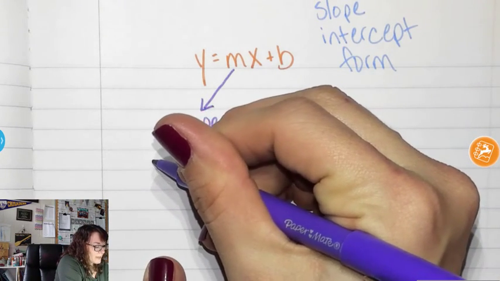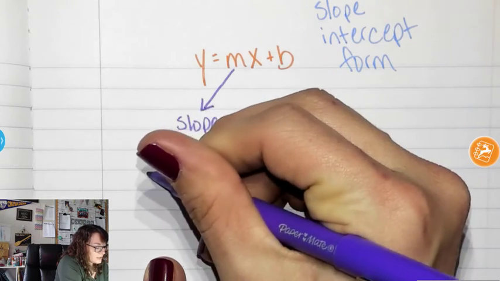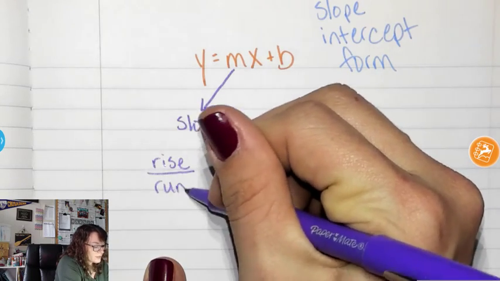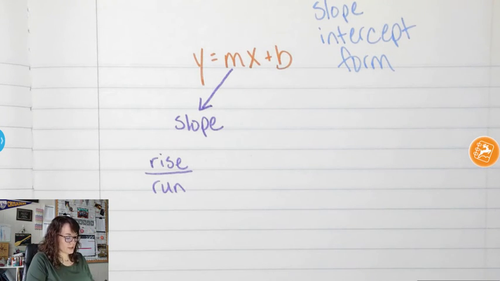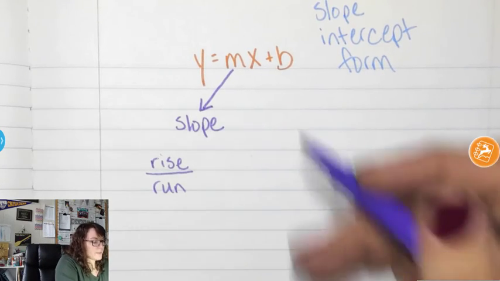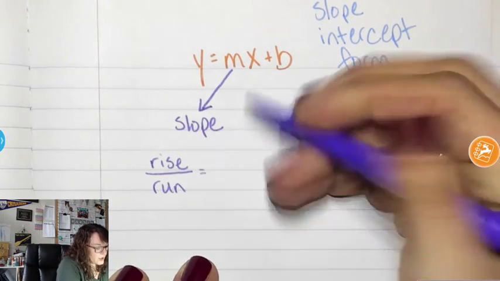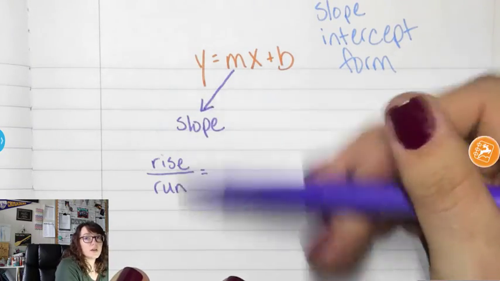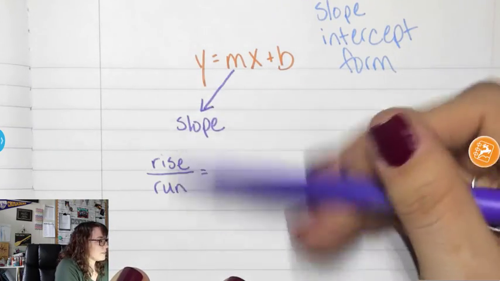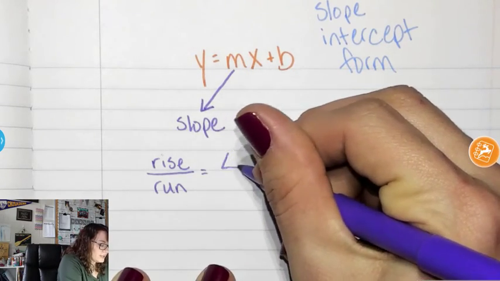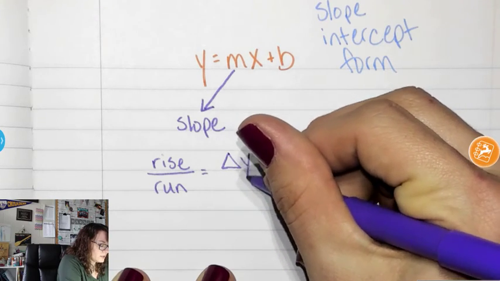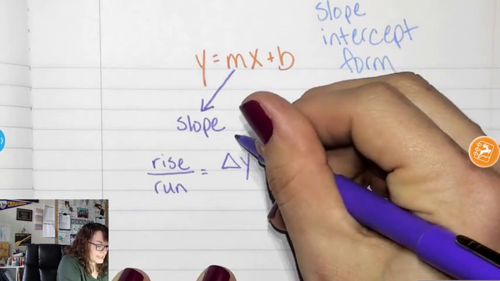We find slope by measuring the rise of the line over the run. This is the most popular way. Rise over run. When I was in 7th grade, this is how we learned slope. Now, the mathematical, the rise is your up and down. What axis is up and down? X or Y? Y. So I am going to measure the change in Y. This is delta.